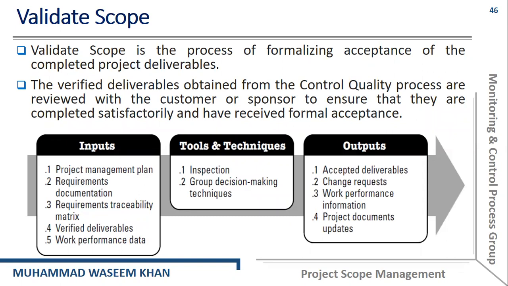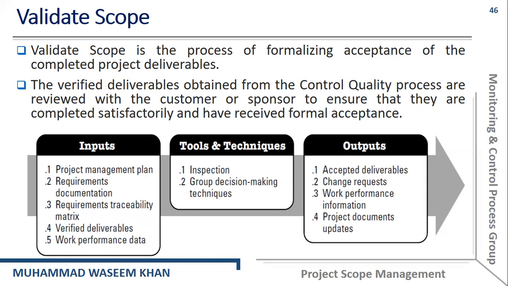The verified deliverables obtained from the control quality process are reviewed with the customer or sponsor to ensure that they are completed satisfactorily and have received formal acceptance. So the deliverables that are accepted or verified from the control process are reviewed by different stakeholders, by the customers especially, to ensure that they are completed satisfactorily and have received the formal acceptance.